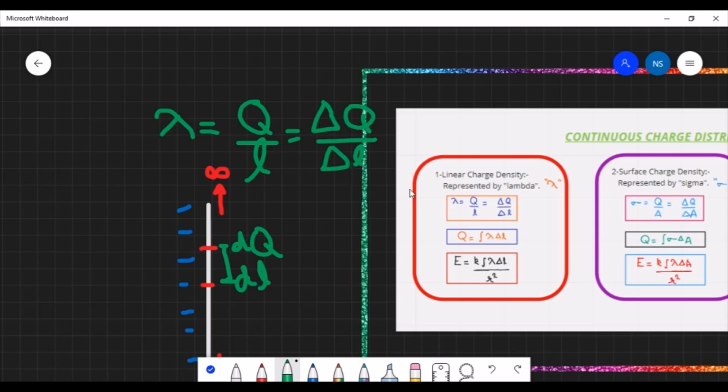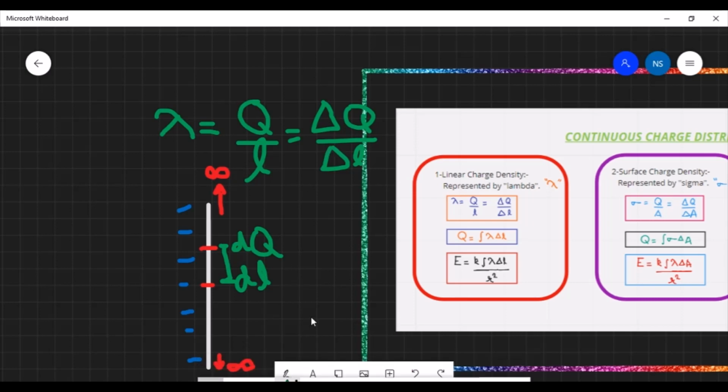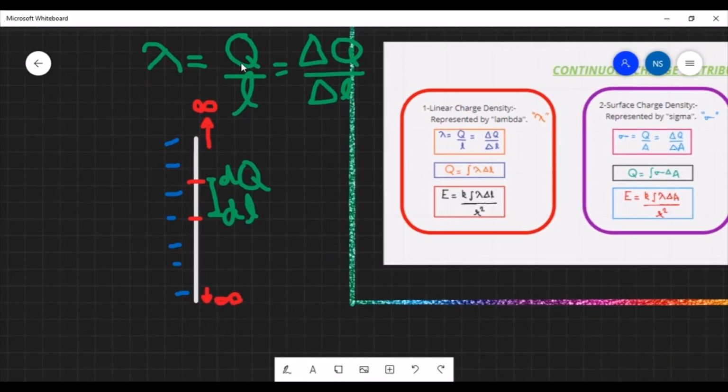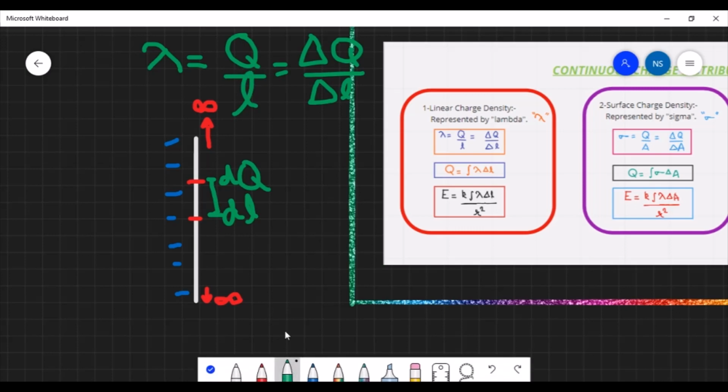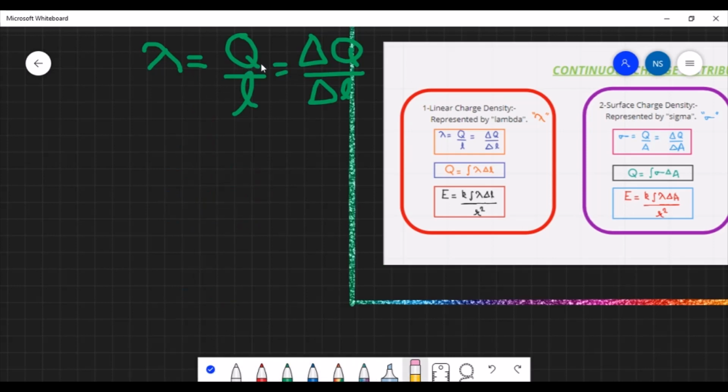Now as I told you, there are many applications of continuous charge distribution. We mostly use this in place of charge. We can get the value of charge from this formula. So from lambda is equal to dq by dl, we can get the charge value.